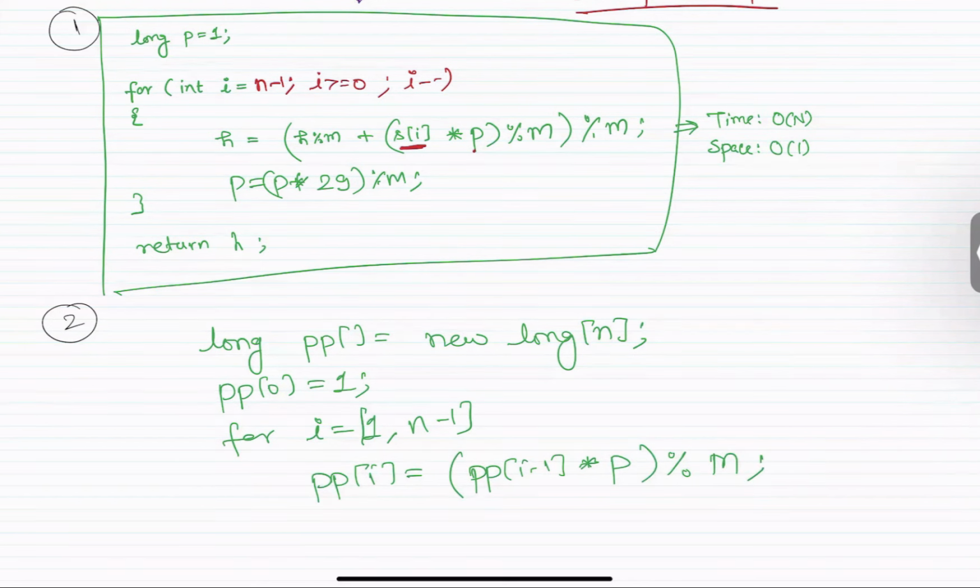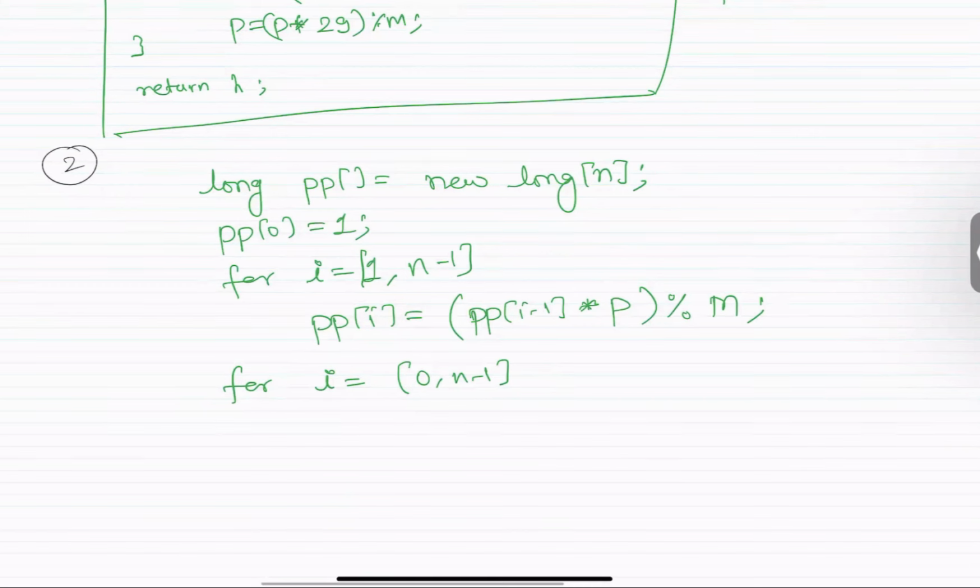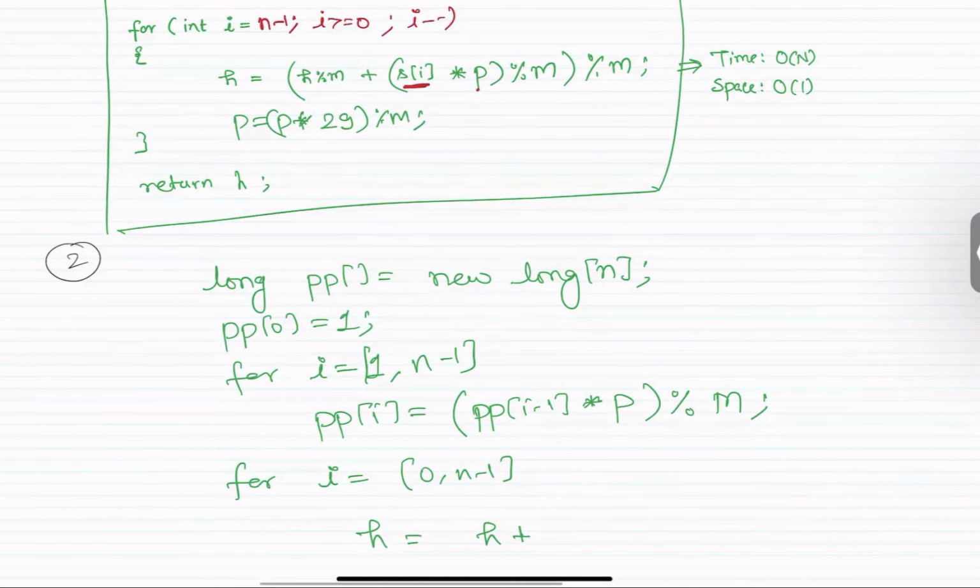Once this is done, you could have directly gone from left to right. In the string case, you could have gone from i equal to 0 to n minus 1. And then you could have directly said, hey, my h is equal to h plus s[i] into pp of what?